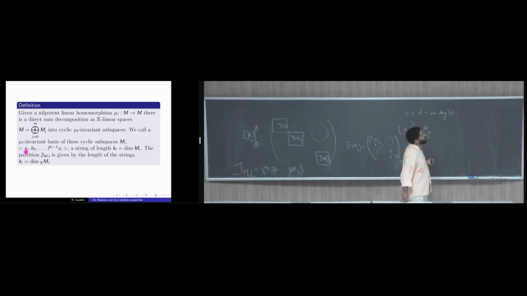We call a mu L invariant basis of one of these cyclic subspaces M_i a string of length k_i, which is the dimension of M_i, which here I'm calling n_i. Sorry about the different notation. Let me do a very easy example just to start to understand this easy concept.